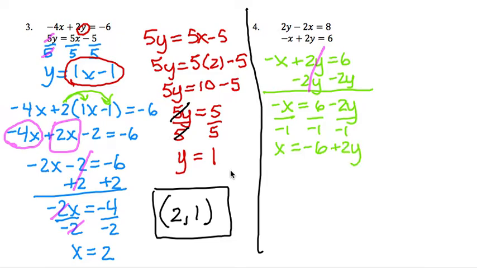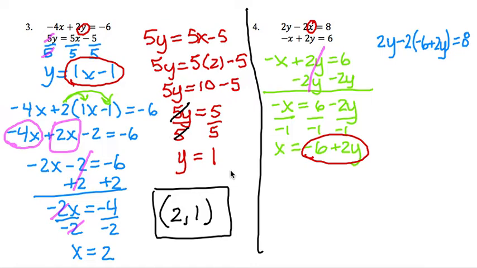So since x is equal to that, I can take this expression here and substitute it into the opposite equation in place of x. So that means I will have 2y minus 2 times negative 6 plus 2y equals 8.